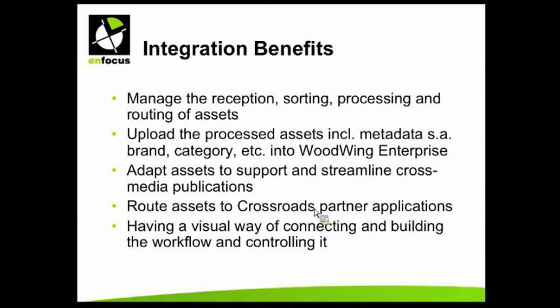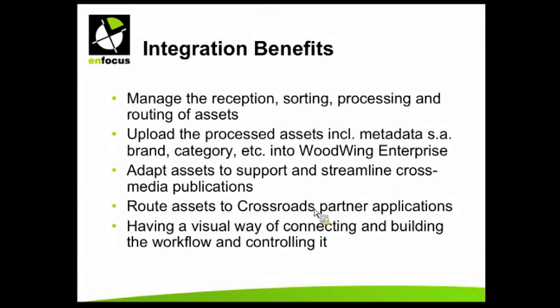We can adapt assets to support and streamline cross-media publications, as you saw, by creating different versions of your images, and of course also repurposing files for digital magazines as well as print magazines or print outputs. So all that information is available.